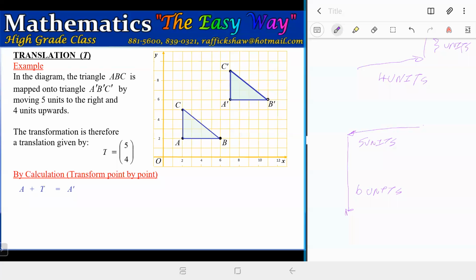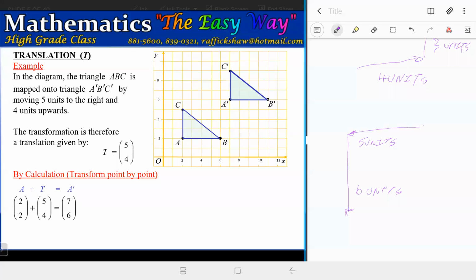So the point A plus the translation gives us the point A prime. That's what that is saying. And then you put in the matrix for the points. You see that A is the point (2, 2). But because we're going to do the calculation, we use the matrix like that. And the translation is this. You add the values, you get the coordinates of A prime.